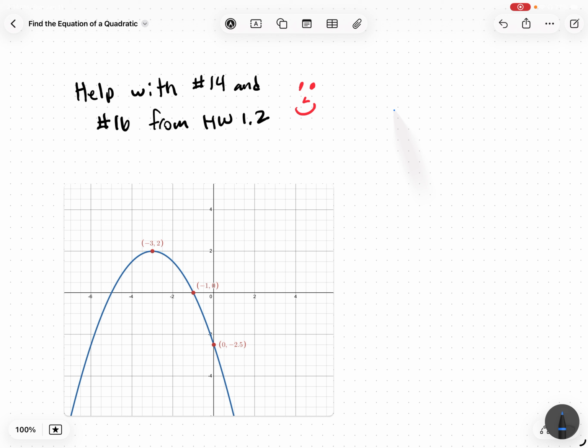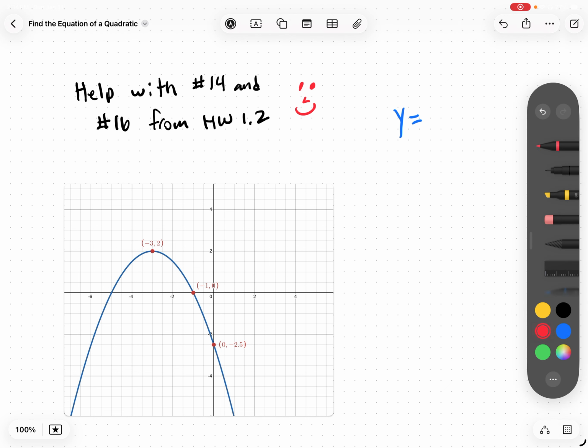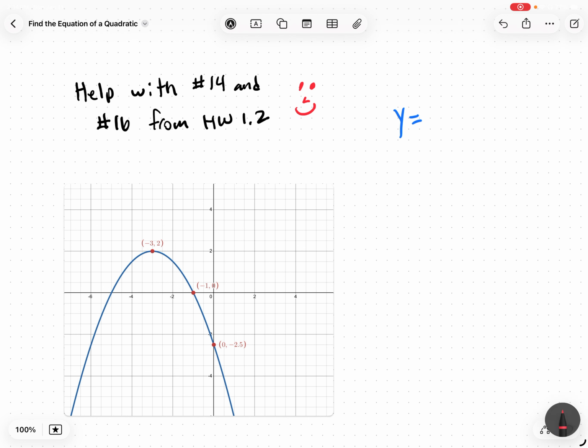So the idea is that every quadratic equation in vertex form is going to look something like this. It's going to be y equals, and then there could be a coefficient multiplied in front, which will affect the width of the parabola and also the direction that it opens.